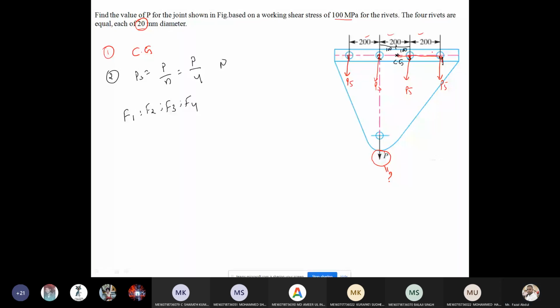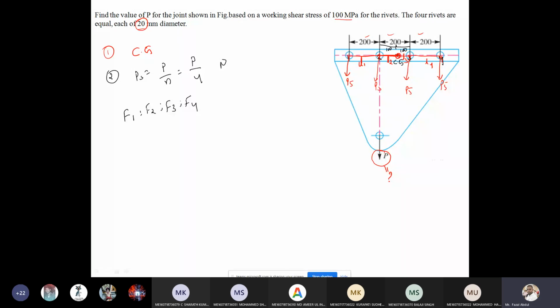This is L4, this is L3, this is L2, and this is L1. Here the load is applied in an anti-clockwise direction because the center of gravity lies here and the application of load is here. So that's the reason.